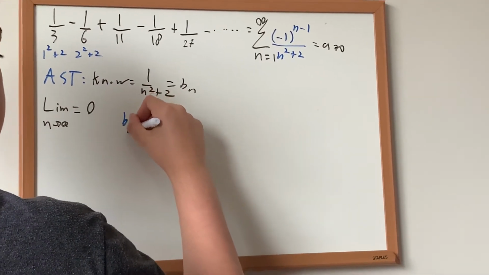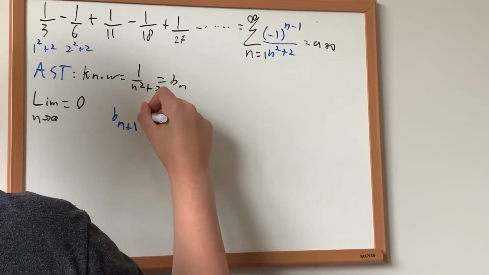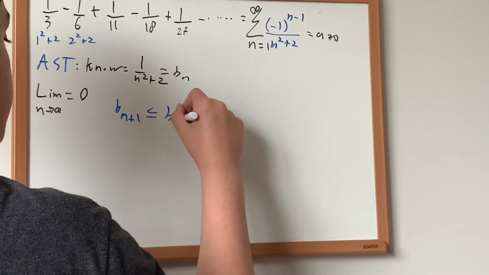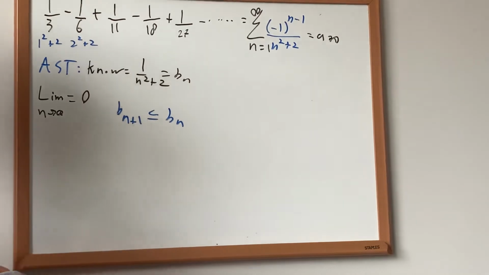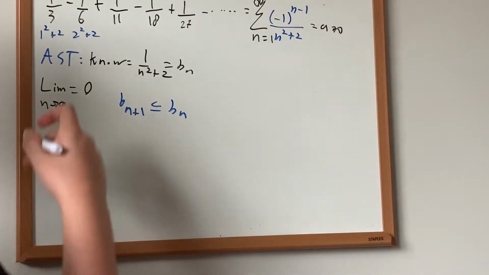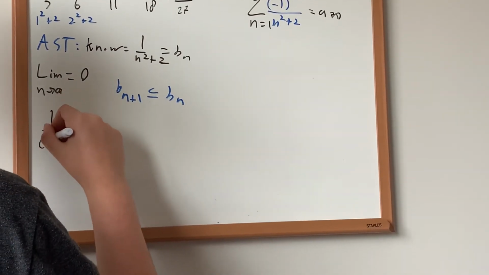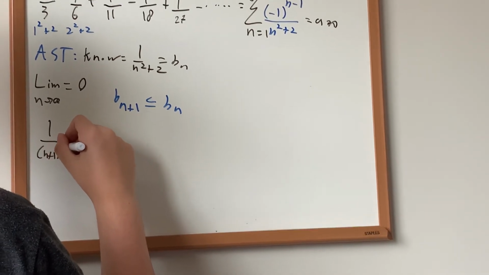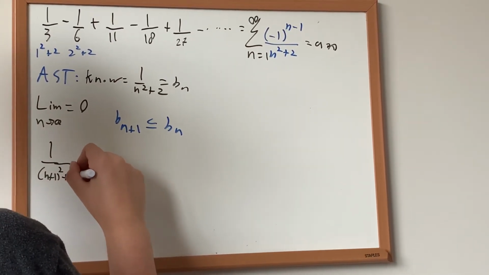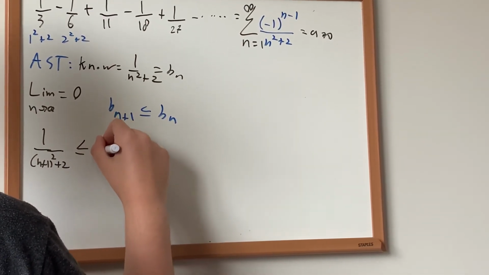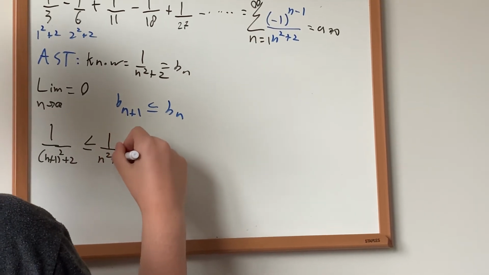So b sub n plus 1 is less than or equal to bn. And now in this case, using the bn, we get 1 over n plus 1 squared plus 2. This is less than or equal to the original, 1/n squared plus 2.